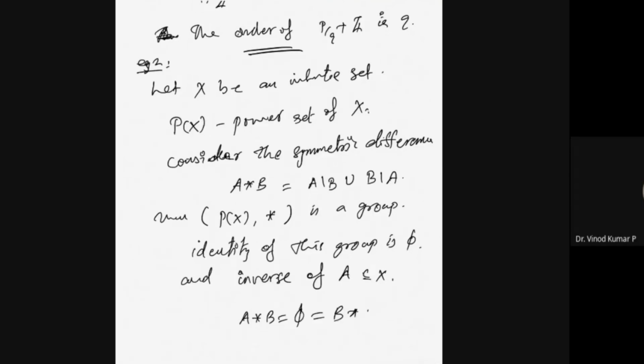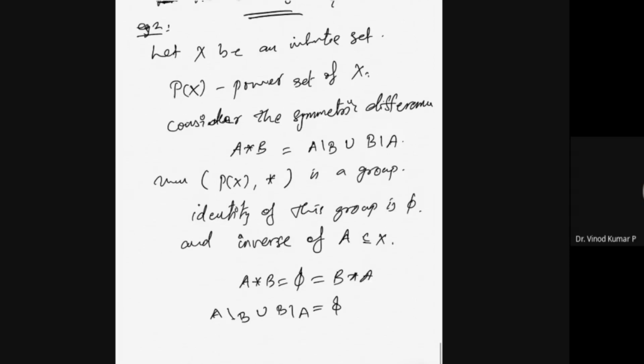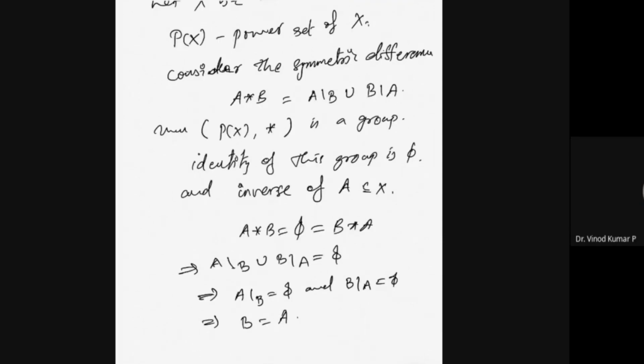This means (A difference B) union (B difference A) has to be empty. The union of two sets is empty, so each one has to be empty. This implies B has to be equal to A. So the inverse of A is A itself.